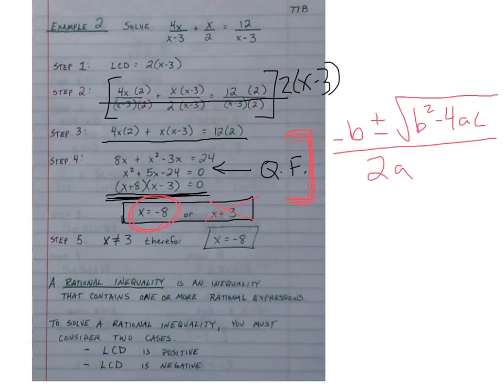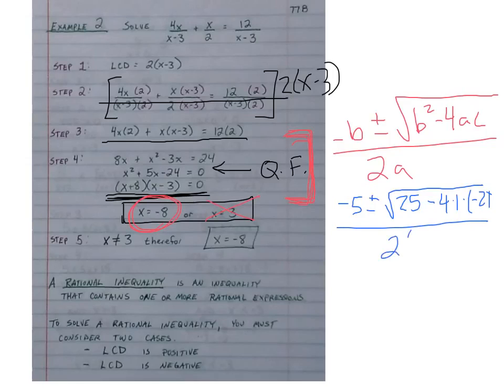So if we did that for this formula, we would get negative 5 plus or minus the square root of 25, which is b squared, minus 4 times 1 times negative 24, all over 2a.